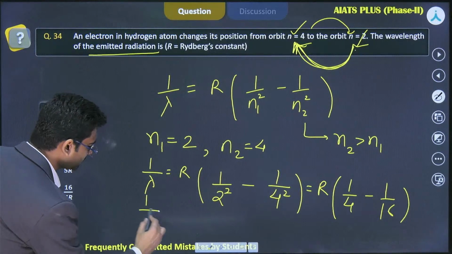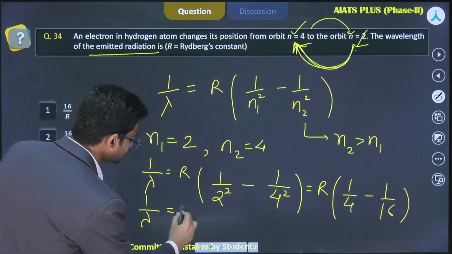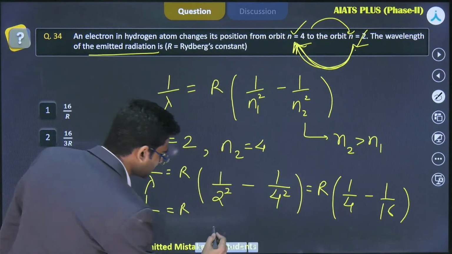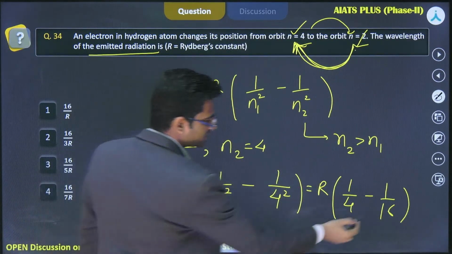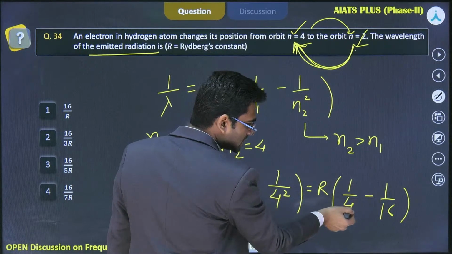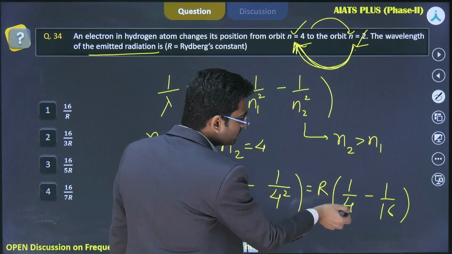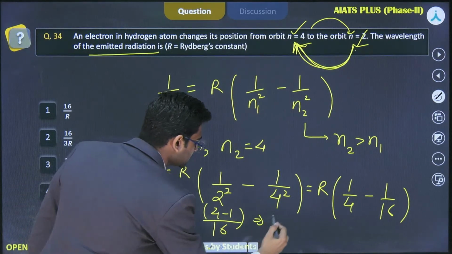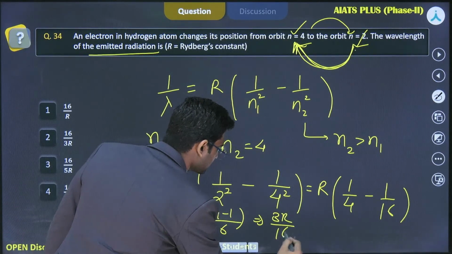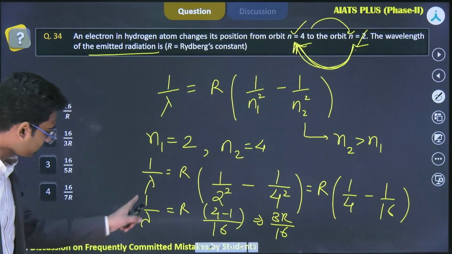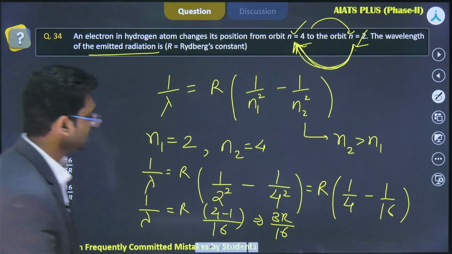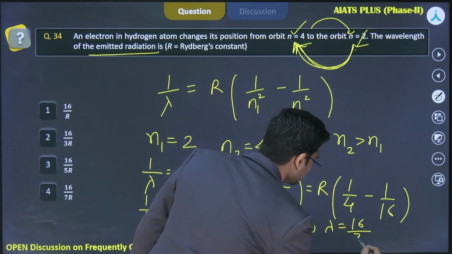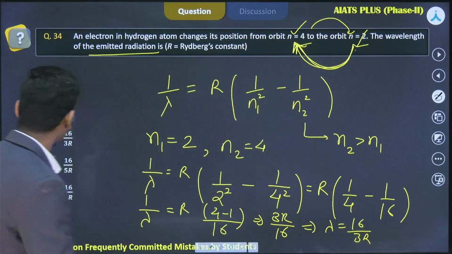Taking LCM as 16, this will become 4 minus 1 over 16, so 3R by 16. But we have to find the wavelength, and this is 1 by lambda, so the answer would be lambda is equal to 16 by 3R. That is the answer.